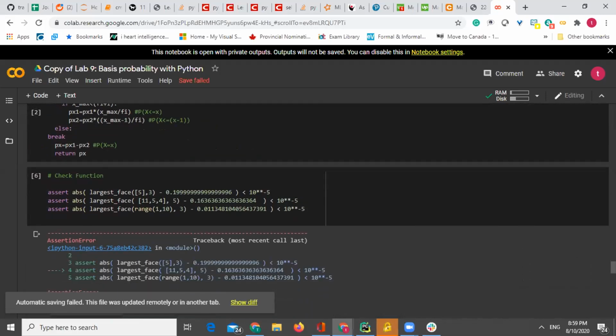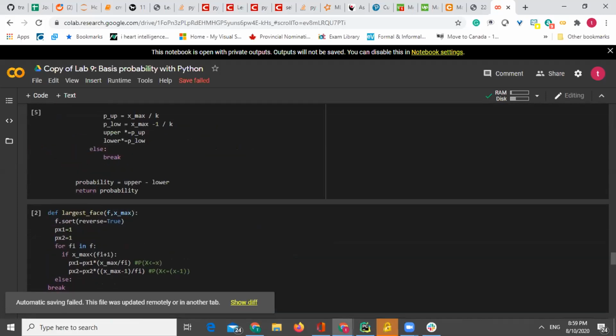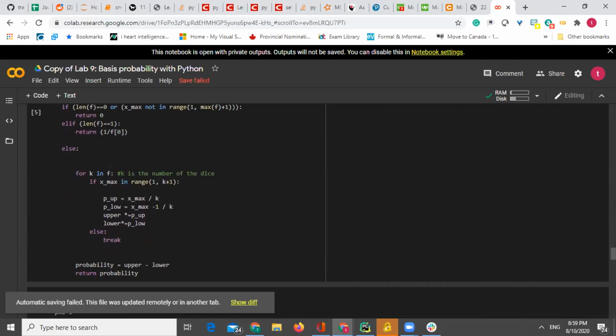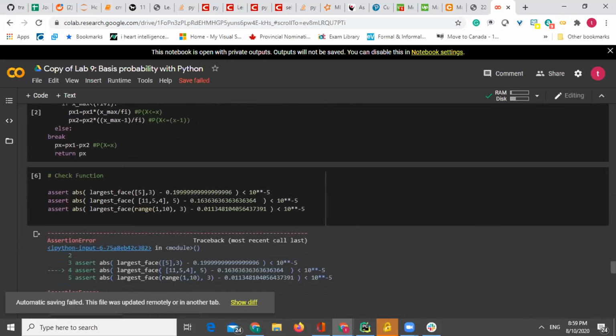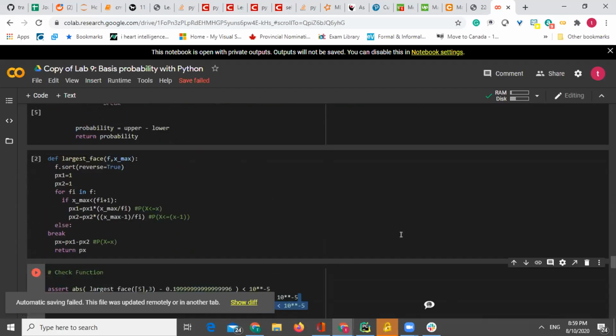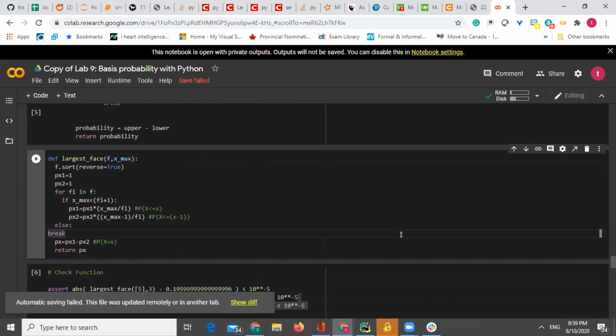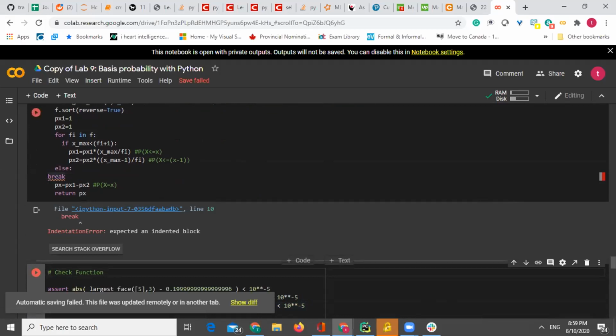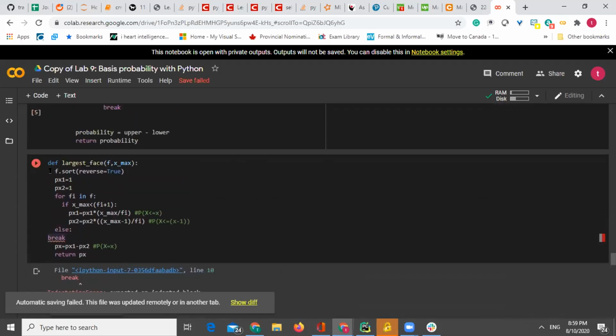Let me explain the second function, the second thing they did. This one doesn't run yet, there are some mistakes. Let me fix them. No, it's just indentation from Colab, they always have issues like that.